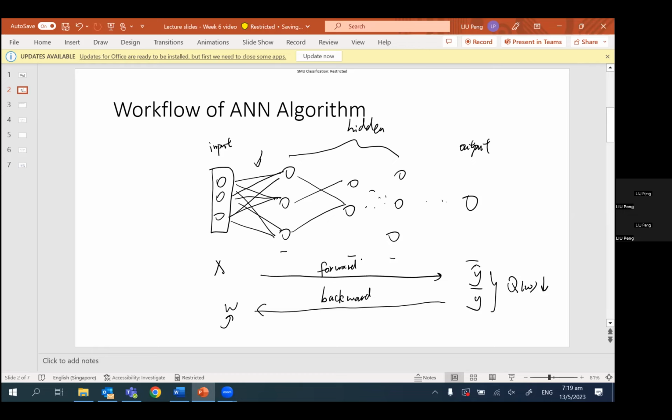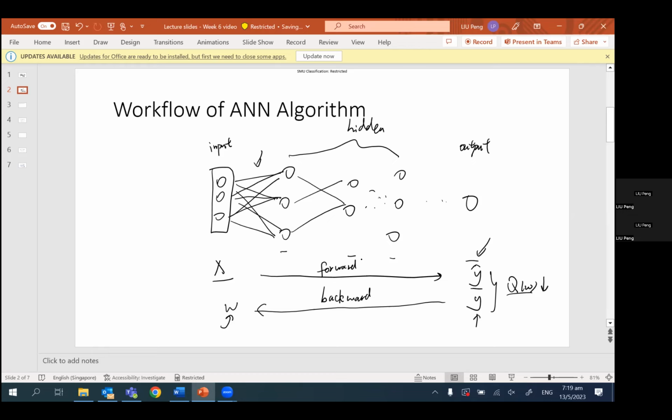We pass the data to calculate the prediction, and then with the prediction, we can measure how different it is from the target. Then we have a specific measure of the deviation, which we call the cost function.